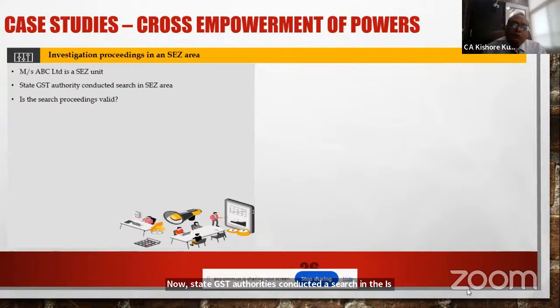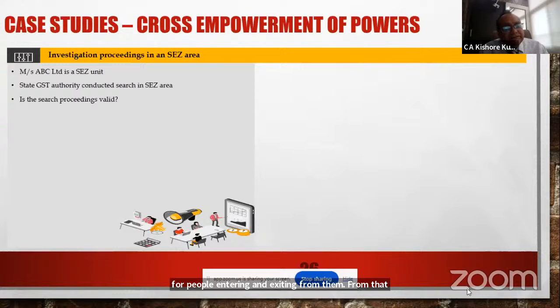For the people who do not know about the SEZ areas, I'll tell them briefly that these are the areas which are under the close control and monitoring of the SEZ authorities, which are the DGFT authorities. Now, there are a lot of restrictions on movement of goods and on people entering and exiting that area.